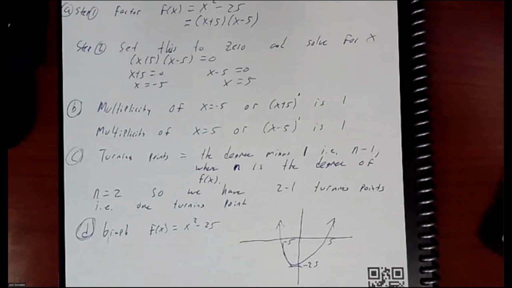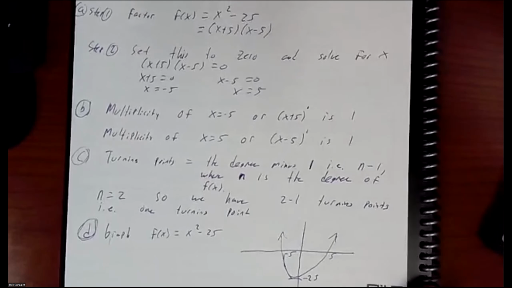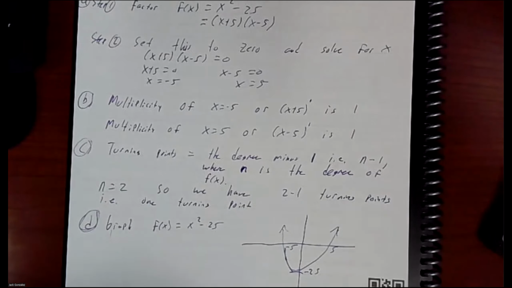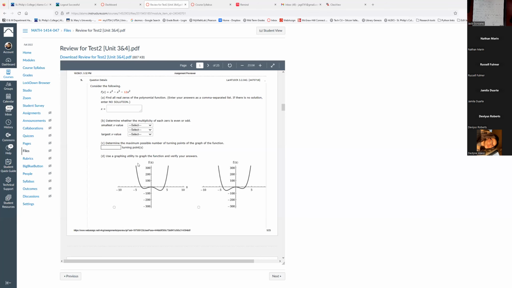Right, let's do number 5 then. So that was number 4. Guys, okay on this page? Yes. All right, let's look at 5. Looks like 5 is the exact same thing, except the factoring is more complicated.